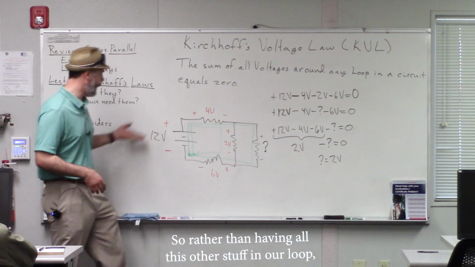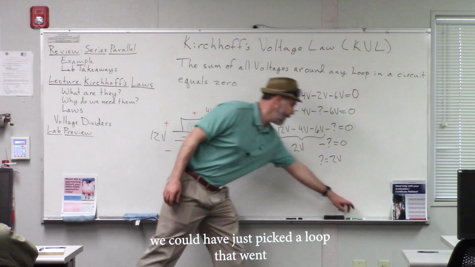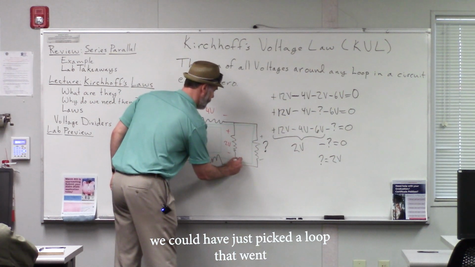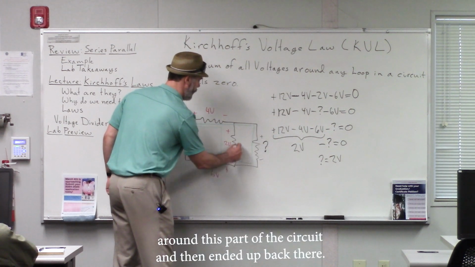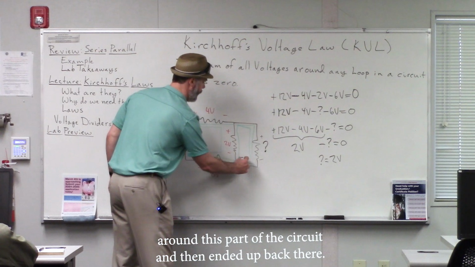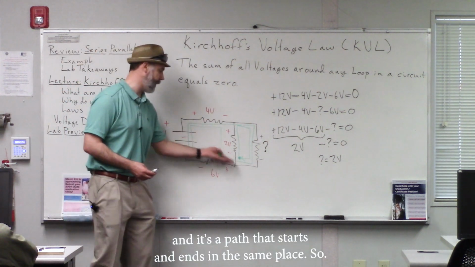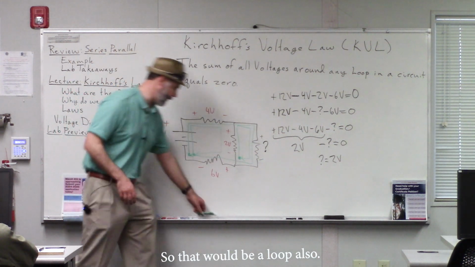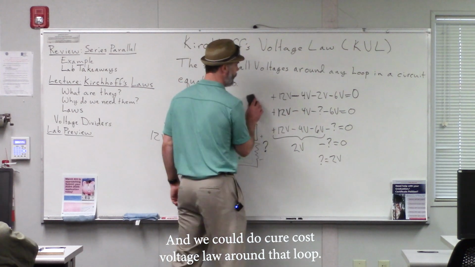So rather than having all this other stuff in our loop, we could have just picked a loop that went from here around this part of the circuit and then ended up back there. Okay? That's a loop. It's a path that starts and ends in the same place. So that would be a loop also. And we could do Kirchhoff's voltage law around that loop.